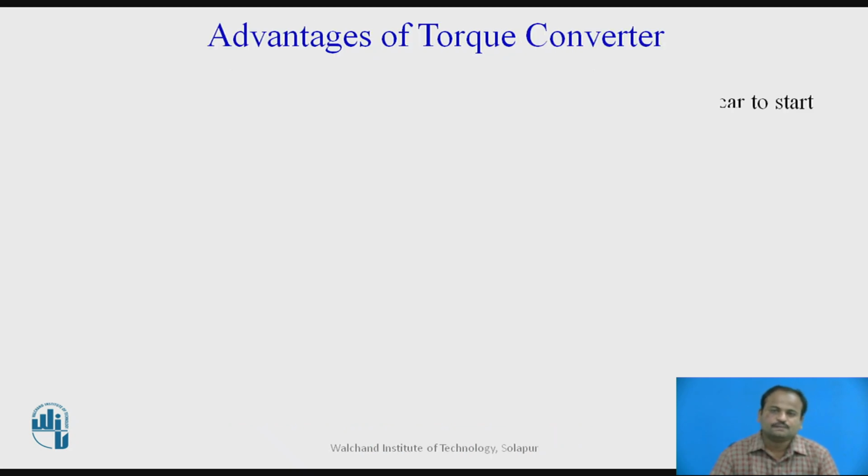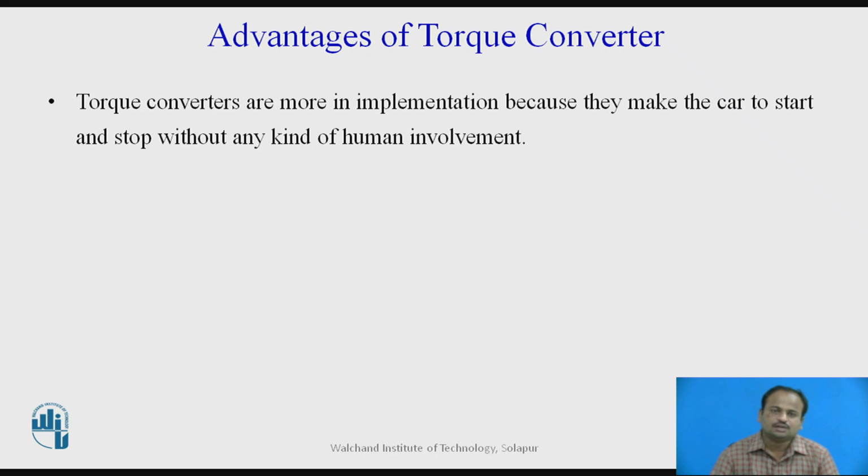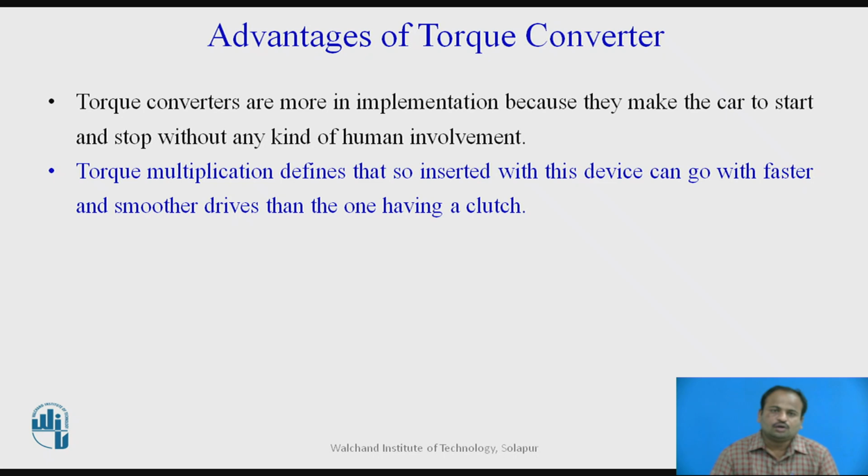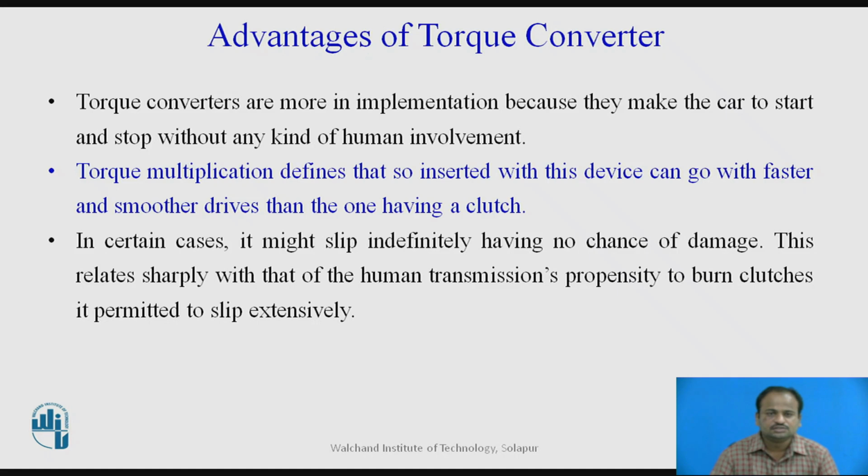Advantages of torque converter. Torque converters are more in implementation because they make the car start and stop without any kind of human intervention. Torque multiplication means that a vehicle with this device can go with faster and smoother drives than one having a clutch. In certain cases, it might slip indefinitely, having no chance of damage.